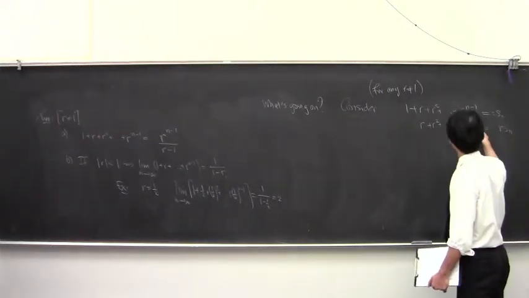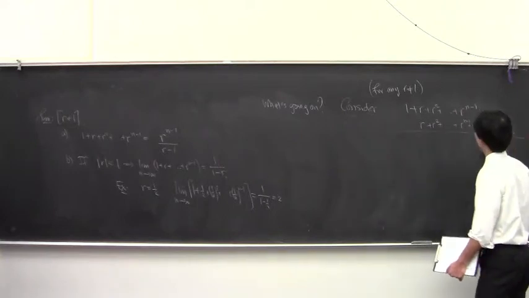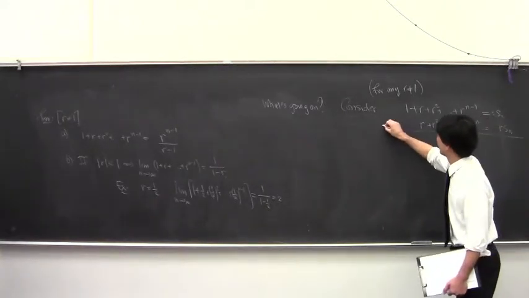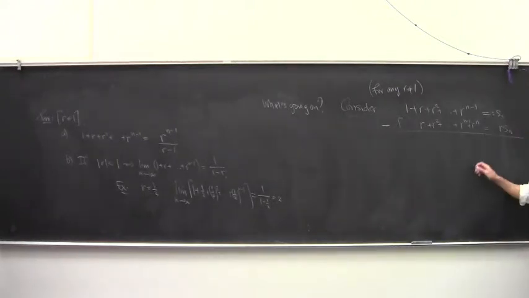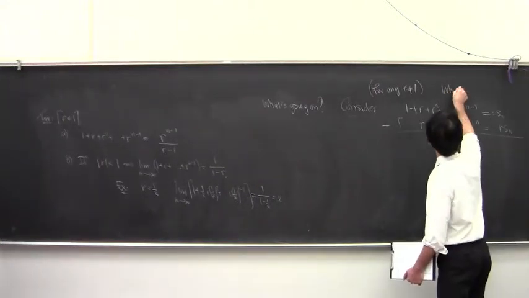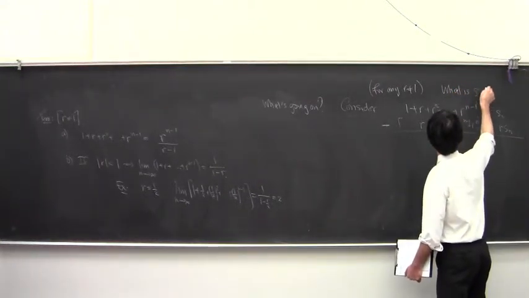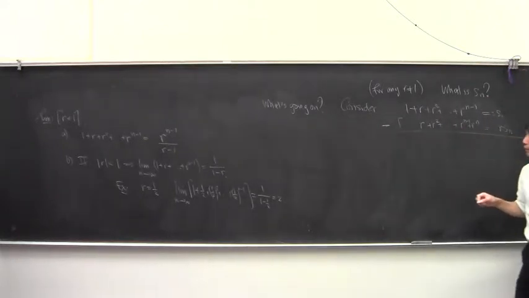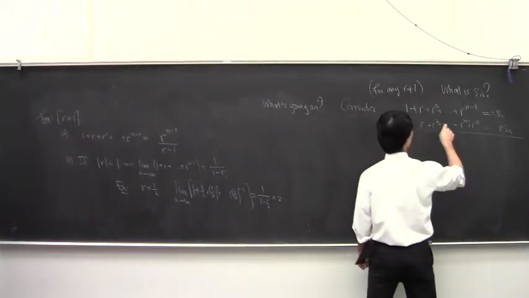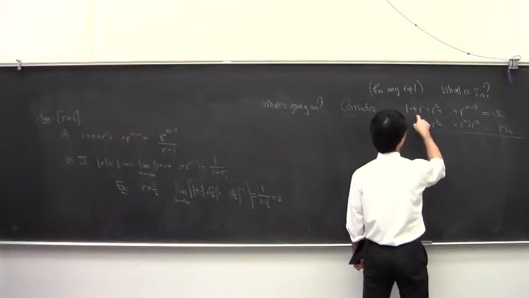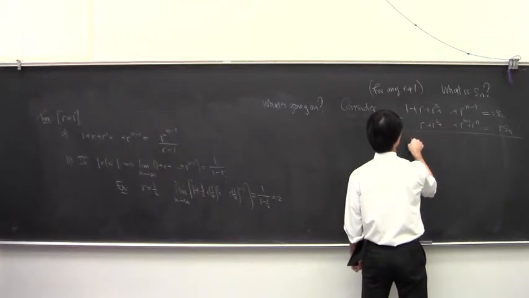Okay, so now I'm going to subtract. Our goal is to figure out what S of n is. I think I may have it wrong over there, but we'll figure out what it is anyway. So what do you get?